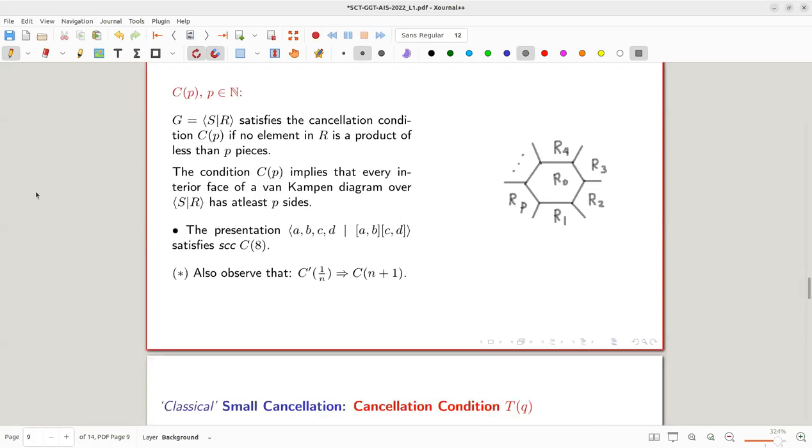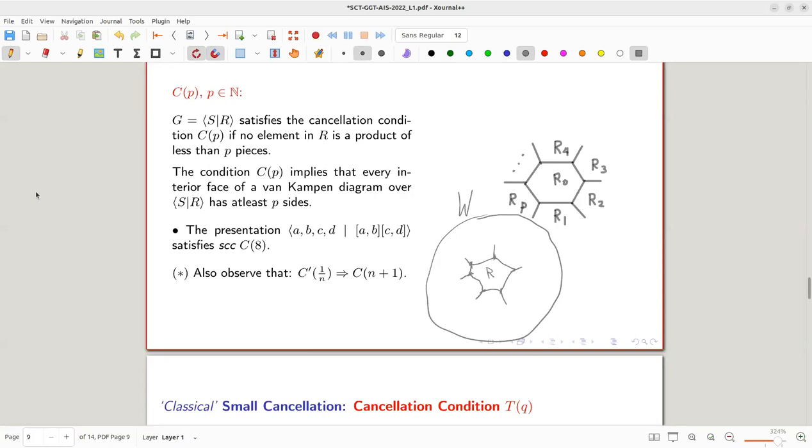Suppose I have a presentation ⟨S | R⟩ which is CP, and I have a diagram for some omega, and I have an interior face like this, which is a relator. So say an interior face which is giving me a relator R. Now this relator is bordering with many other relators, right? So this one here, one there, here, so it is bordering so many others.